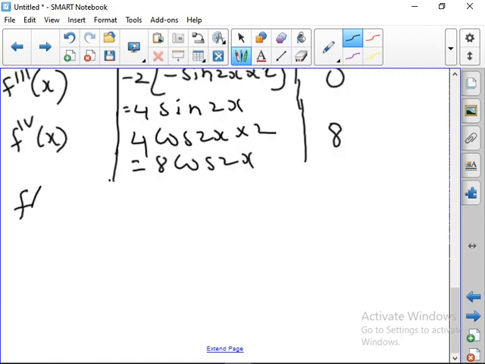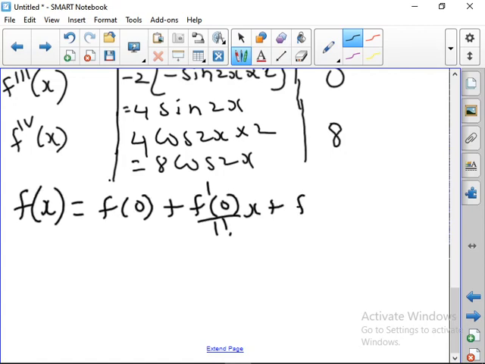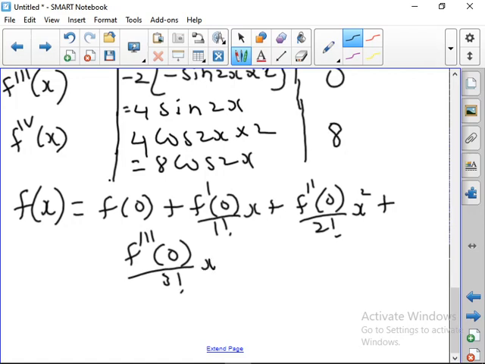What is the series? f of x is equal to f of 0 plus f dash of 0 by 1 factorial x plus f double dash of 0 by 2 factorial x square plus f triple dash of 0 by 3 factorial x cube plus f4 of 0 by 4 factorial x power 4 plus etc.